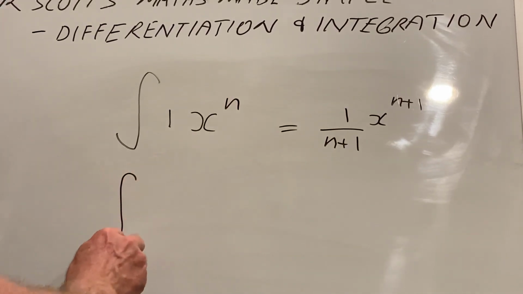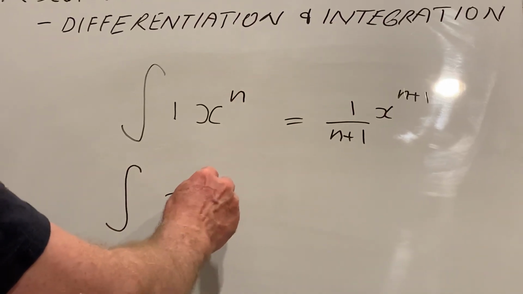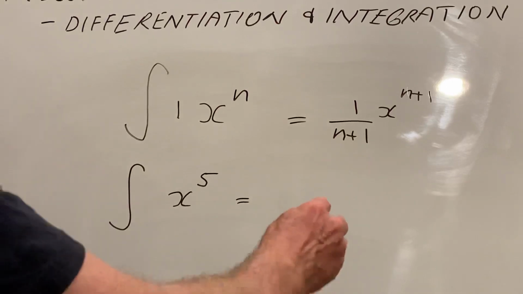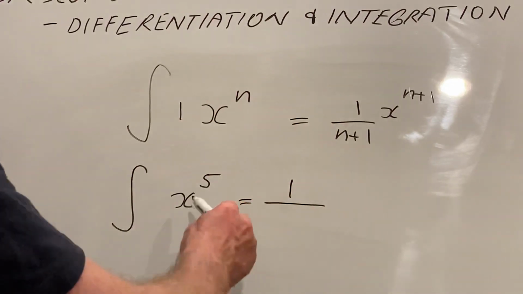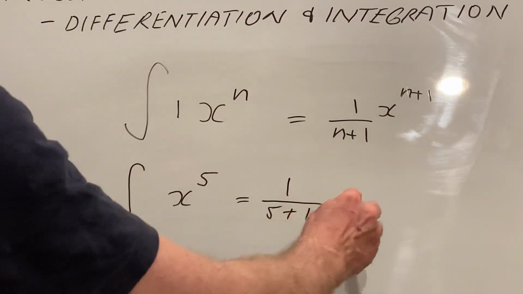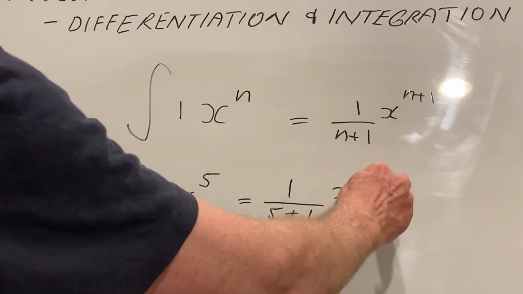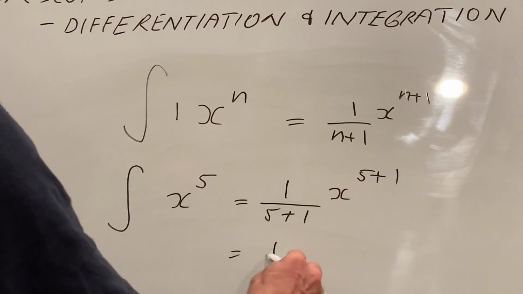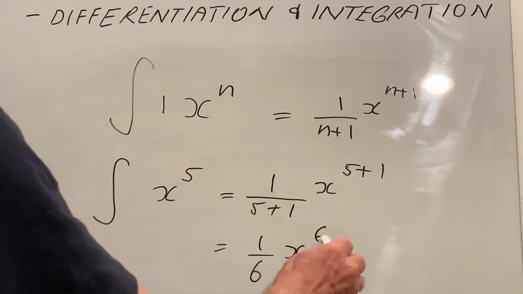So the integral of, say, x to the 5th power equals 1 over 5 plus 1 times x to the 5 plus 1, which equals 1 over 6 by x to the 6th.